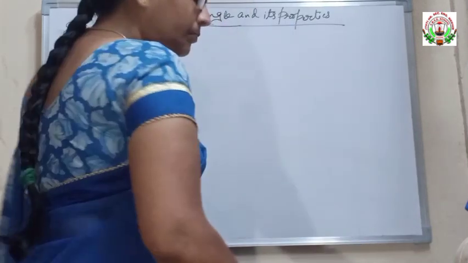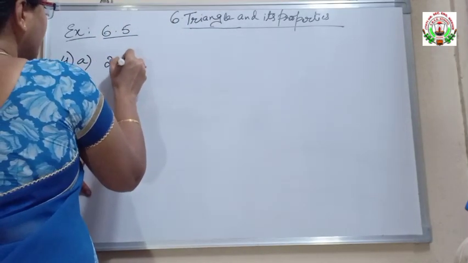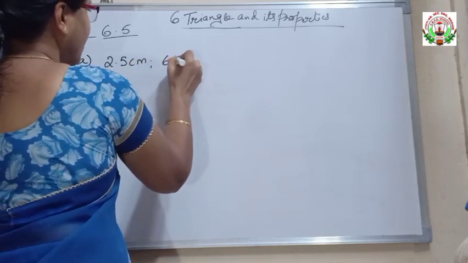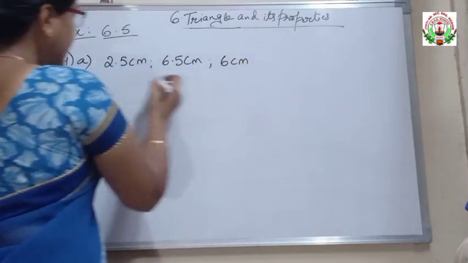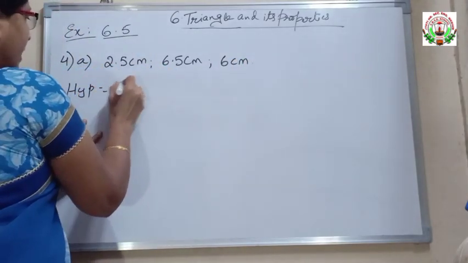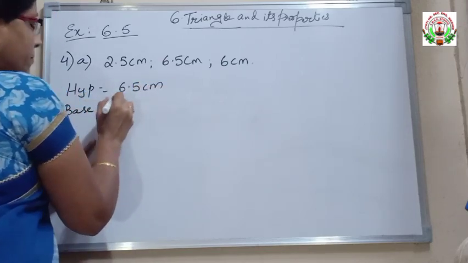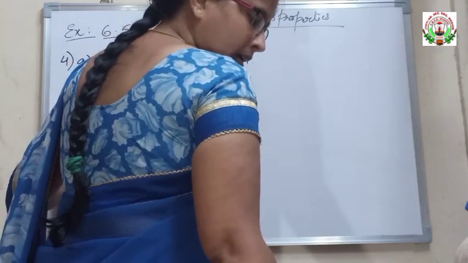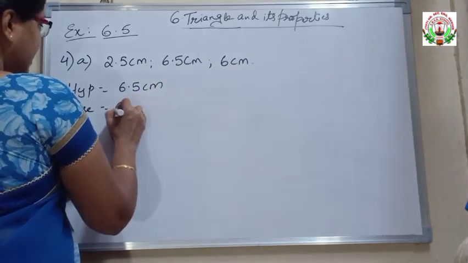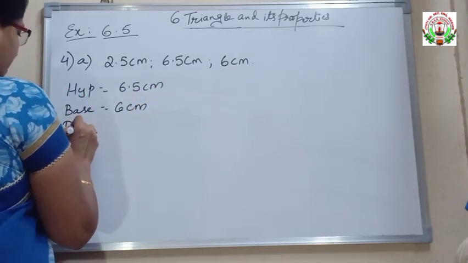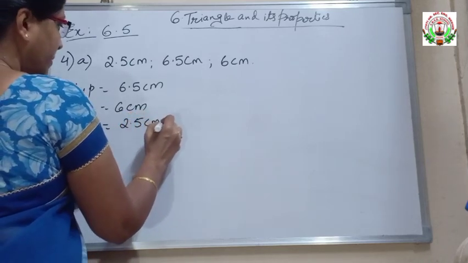So let us write fourth question, A part. It is given as 2.5 centimeters, 6.5 centimeters and 6 centimeters. Let us take hypotenuse as 6.5 centimeters, base as 6 centimeters and perpendicular as 2.5 centimeters.